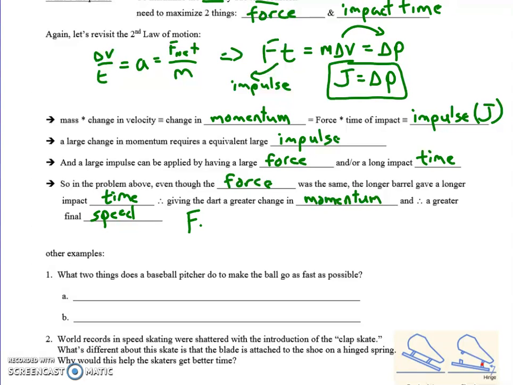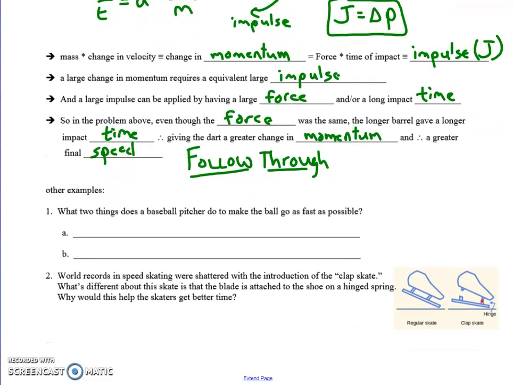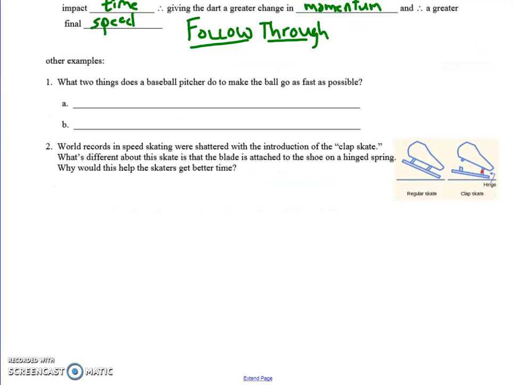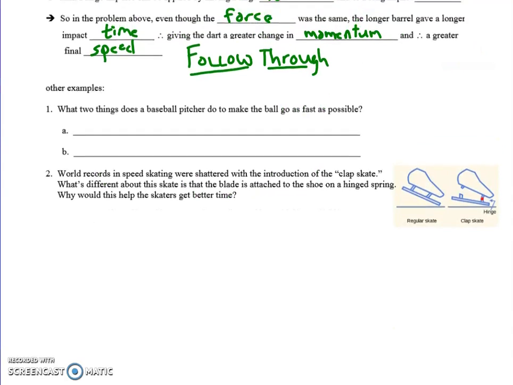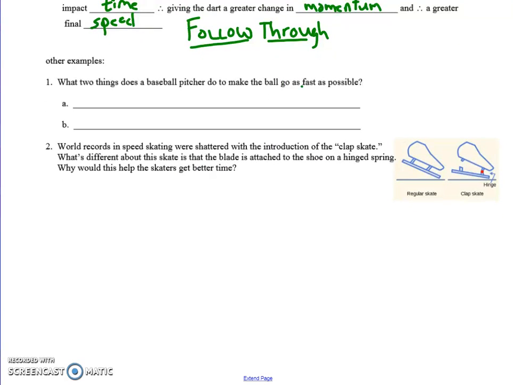In sports, this is given the term follow through. So when they ask you to follow through, what they're basically saying is exert a force for a greater period of time. A classic example is a baseball pitcher. Let's say the pitcher wants to hurl the ball as fast as possible. What are the two things that person does?